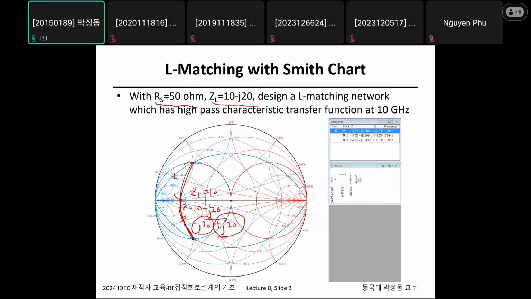You add this plus j20 plus this L, which makes this inductance 366 picohenry. Then you just use this as a series inductor. This is a parallel capacitor line. So just an improvement like this way. Okay.